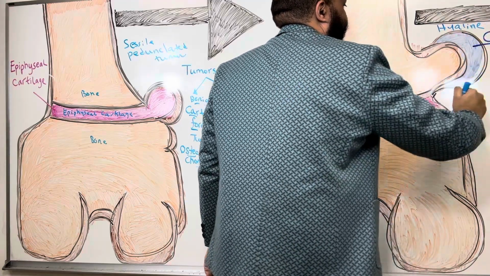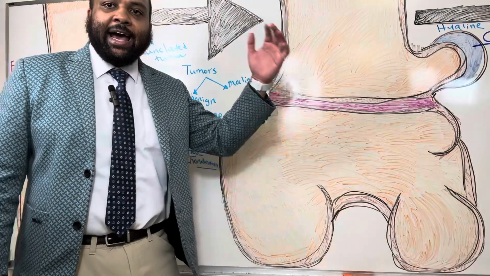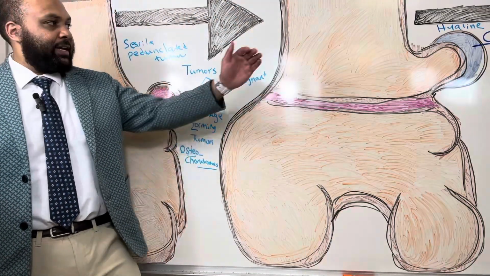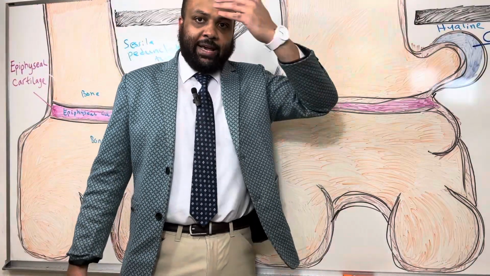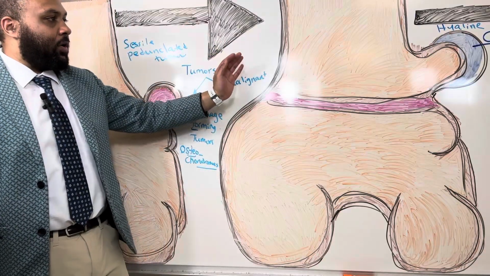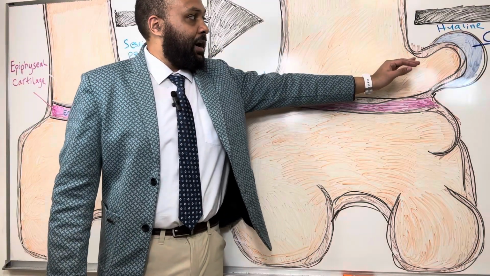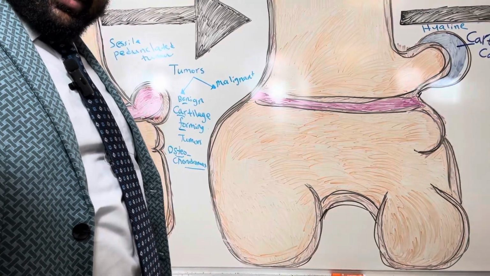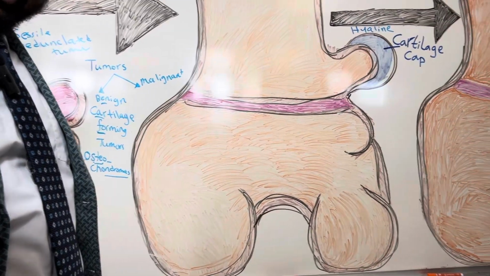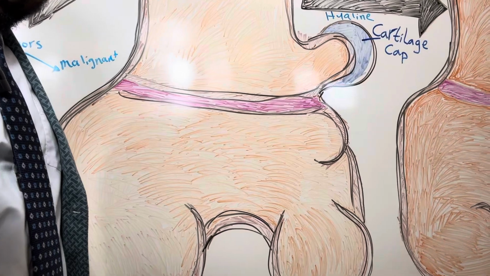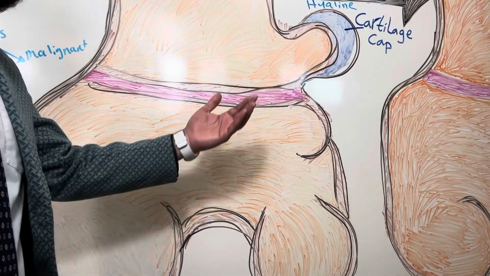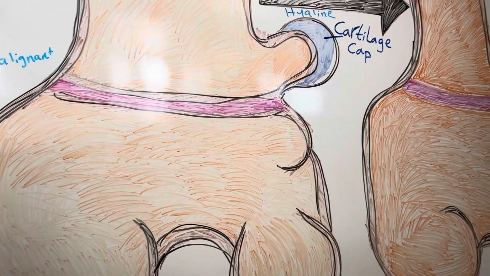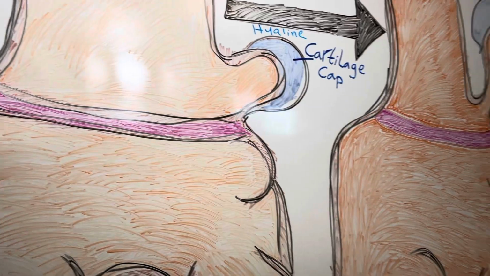This is a glassy cartilage cap that sits like a hat on top of our benign osteochondroma. And then we see that there is a development. Let's examine the next step.